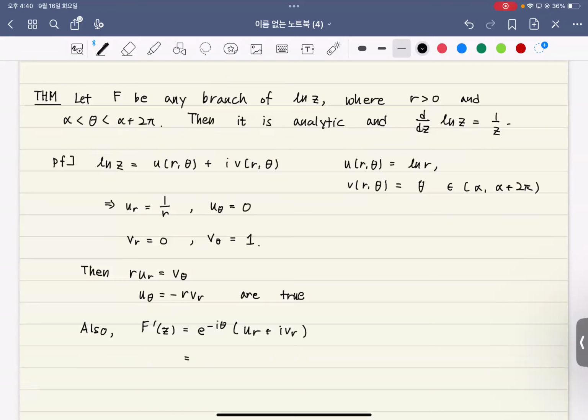So this is e to the minus i theta, u_r is 1 over r, and v_r is plainly 0. So this is just 1 over r times e to the minus i theta, which is simply 1 over z. Okay. Great.